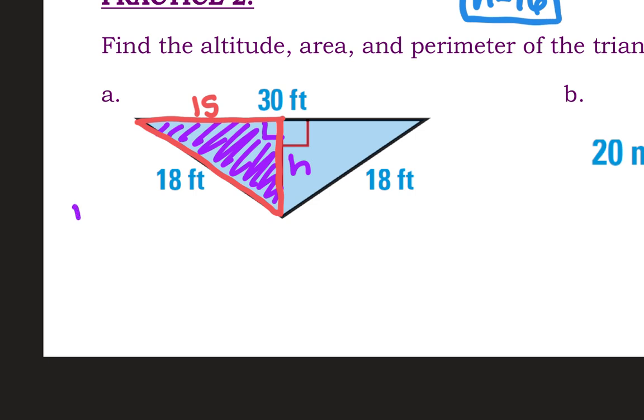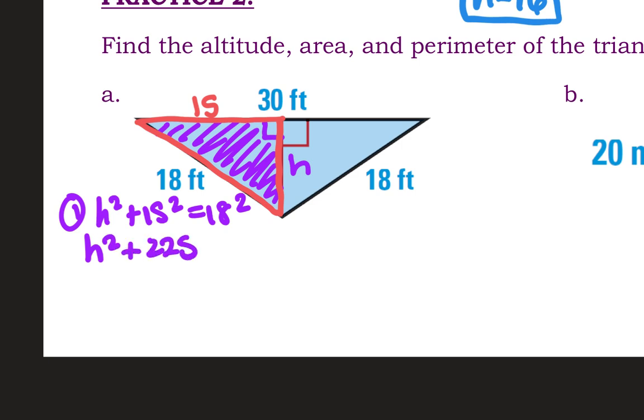To find the height, we're going to do h squared plus 15 squared equals 18 squared. h squared plus 225 equals 324. Let's subtract 225. What do we get when we subtract 225? 99. If we take the square root of 99, we get a decimal, so we have to try to reduce it.